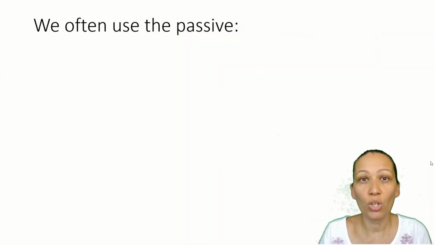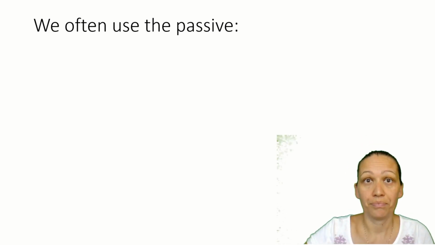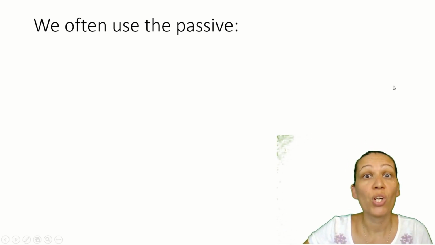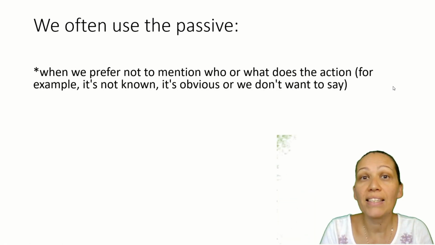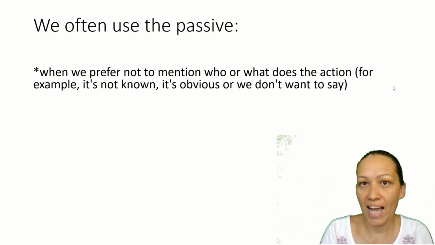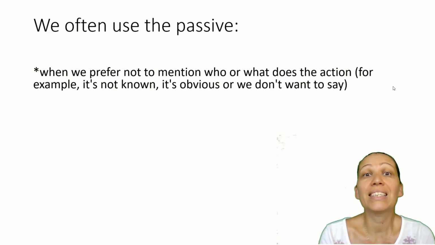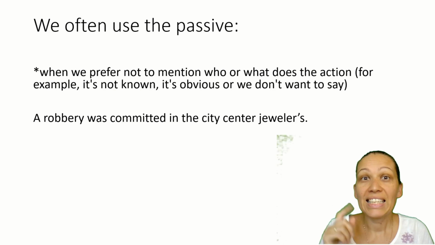If we watch TV news, you will see that passive voice is used there a lot, especially talking about crimes. So we use passive voice when we prefer not to mention who or what does the action. For example, because it's unknown, we don't know it, or it's so obvious that we don't want to say it. Let's see an example.